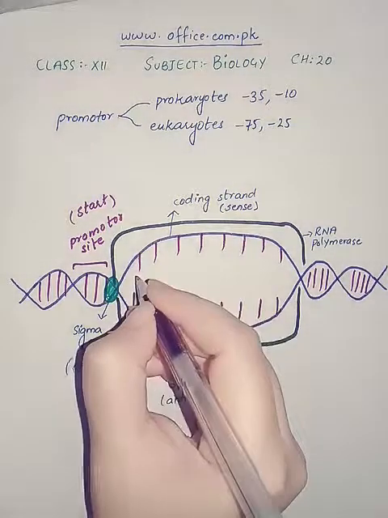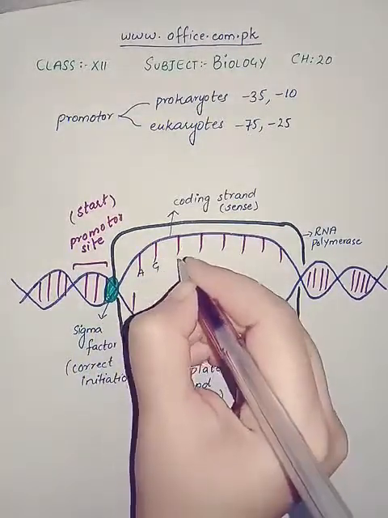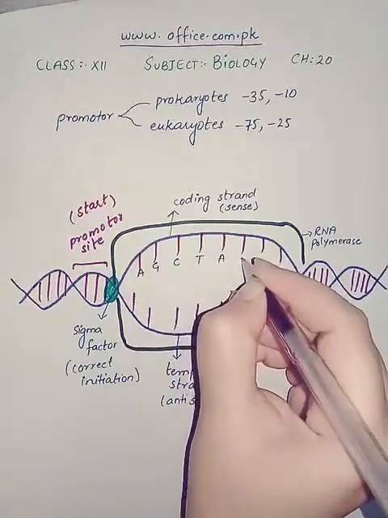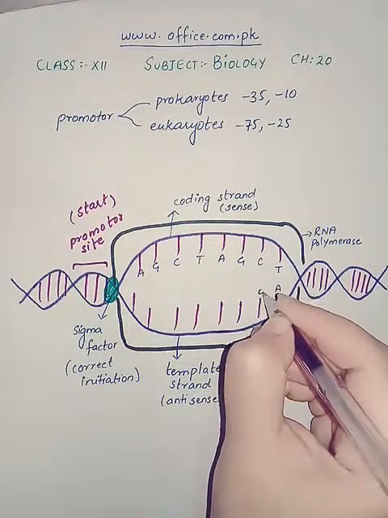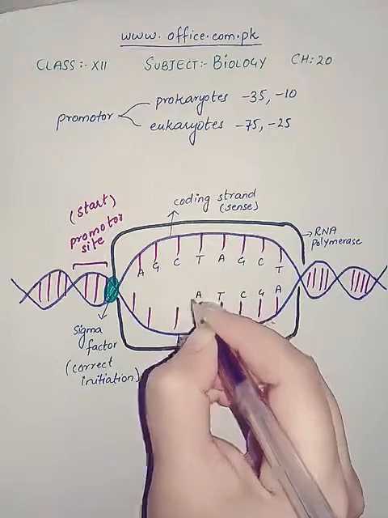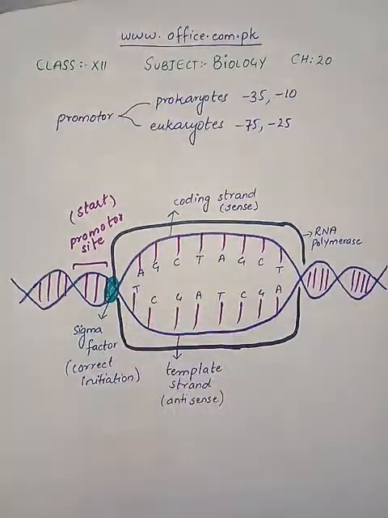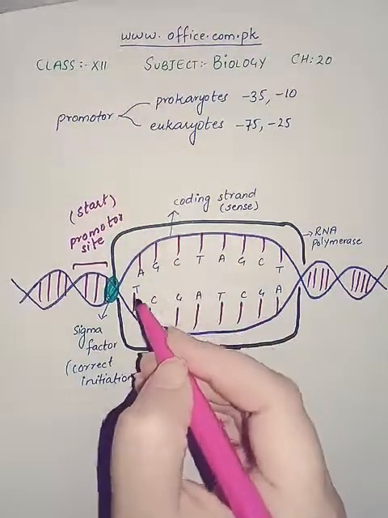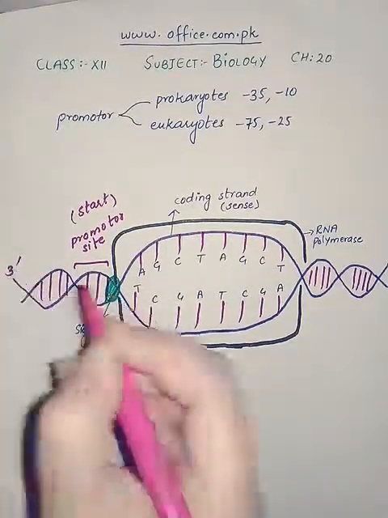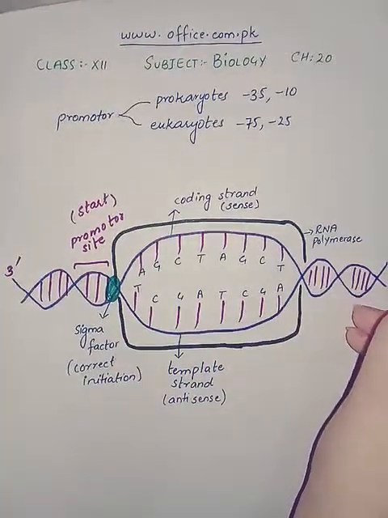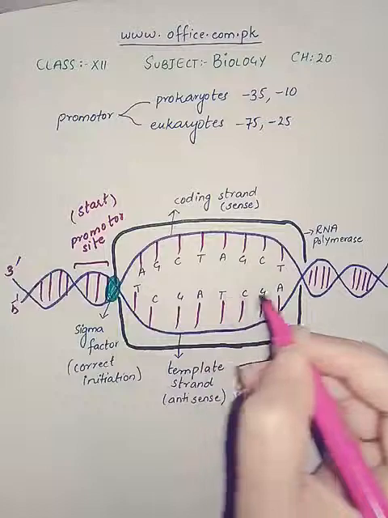Now here we have a sequence. This is the actual sequence of DNA. Now the newly synthesized messenger RNA which will be formed, we have to make sure that we are using a 3' to 5' strand instead of 5' to 3'.